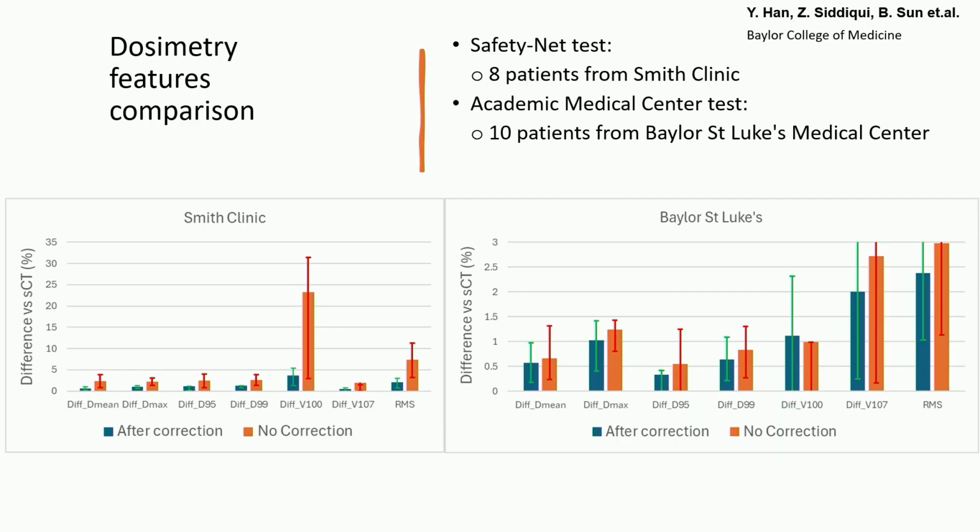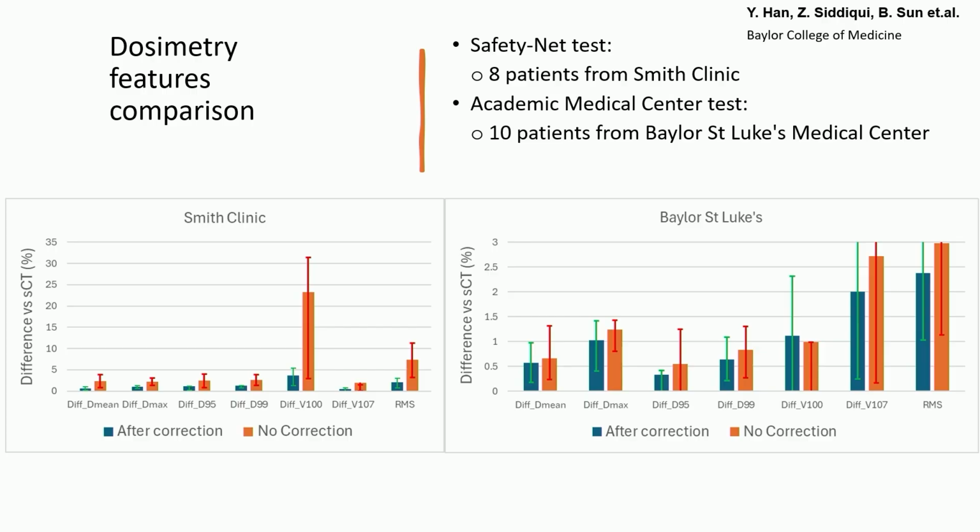And then I compare the dosimetry features with the AI corrections and without the AI corrections. For the dosimetry features, as I introduced before, when it's close to 0, it will be better. The higher, that means the plans are different more. We test in two clinics. One is our safety net clinic, the Harris Health Smith Clinic. As you can see, all the dosimetry features with the AI correction are smaller than without the AI correction.